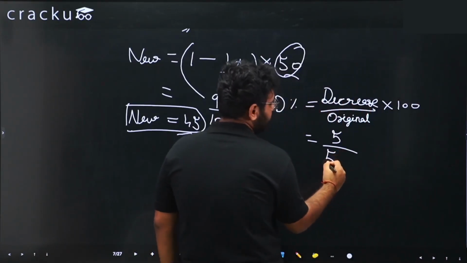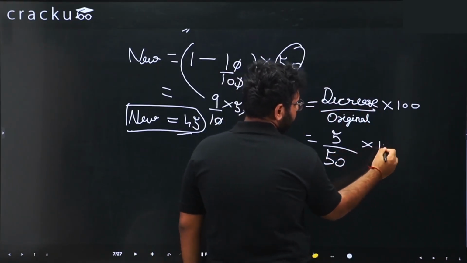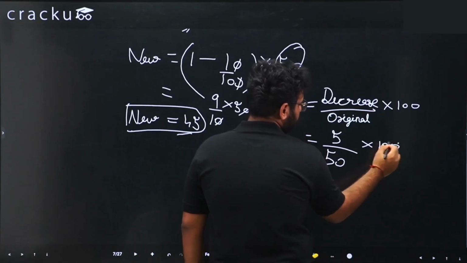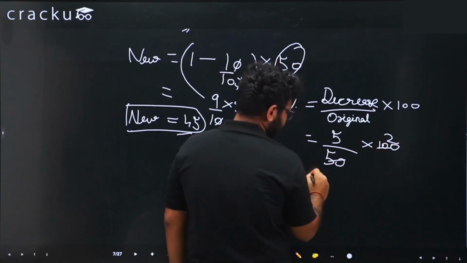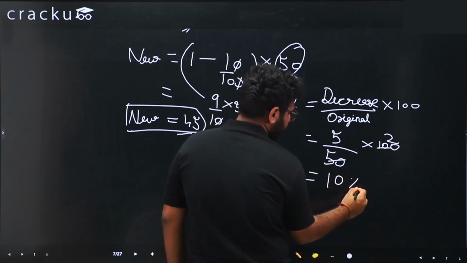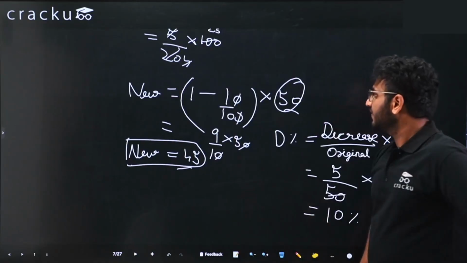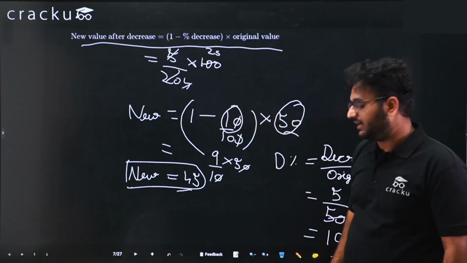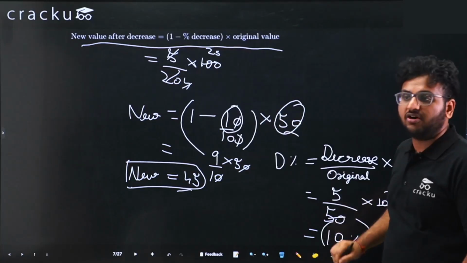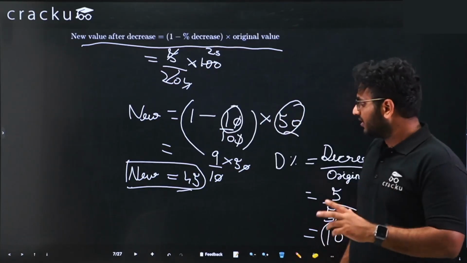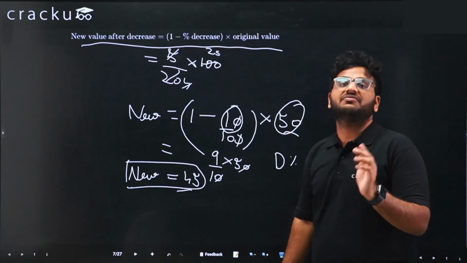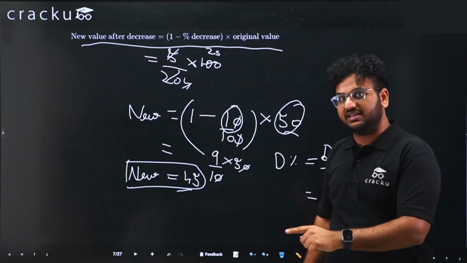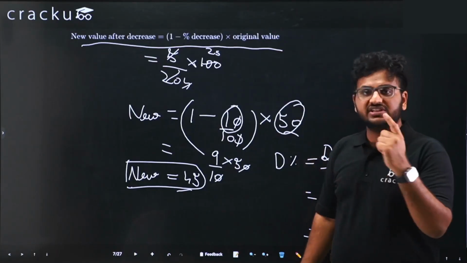So divide by 50 into 100, which is equal to 10%. So we can clearly see that the decrease percentage given in the question was 10%, and we calculated also 10%. So this formula: new value after decrease is equal to 1 minus decrease percent into original value.